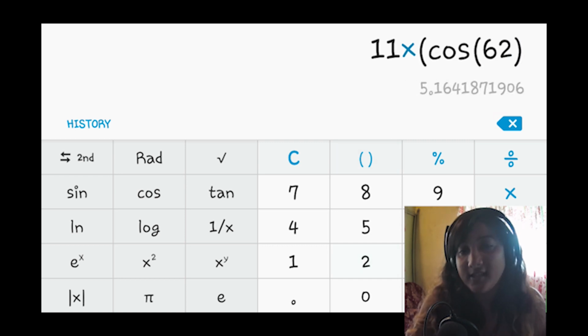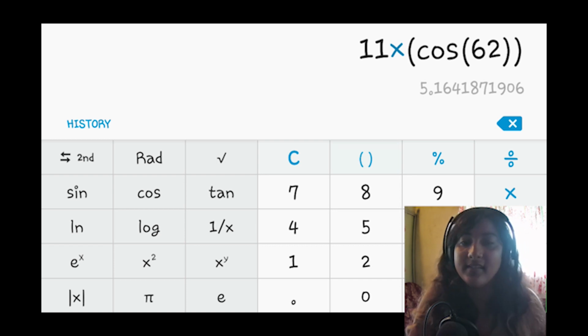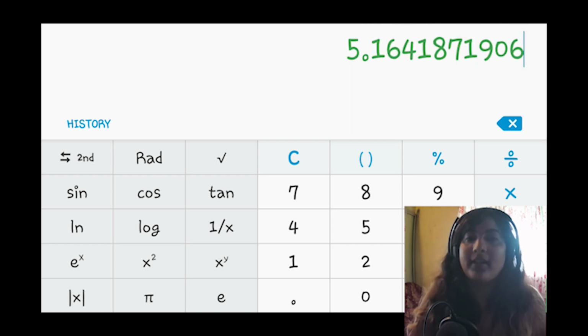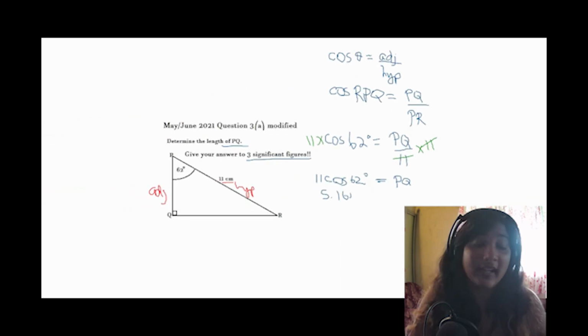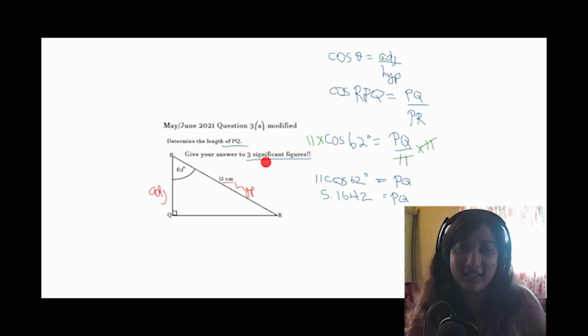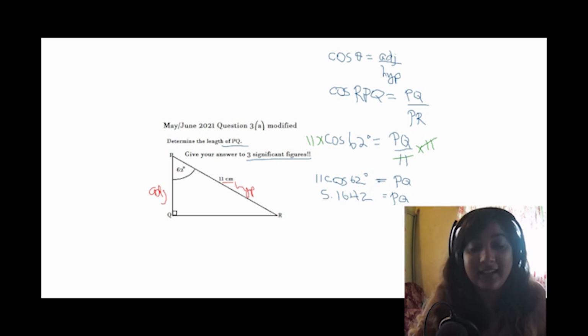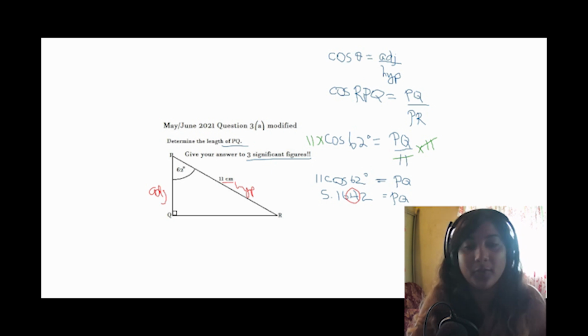So I type 62, close parentheses, and just simply press equal, and I'll get my value. So we write this in exact value, and then we're going to approximate it to three significant figures, and we'll have a final answer which works out to be 5.16. This is how we use our trigonometric ratio of cosine to find for the missing length PQ here.